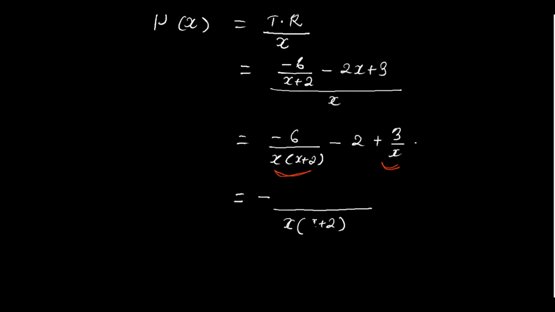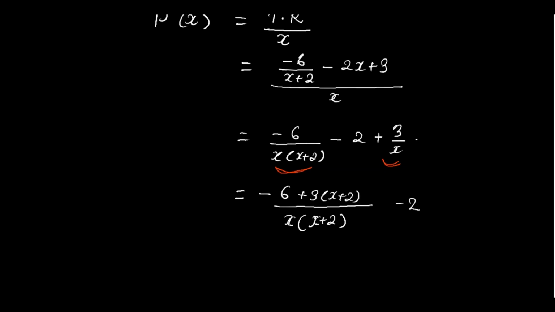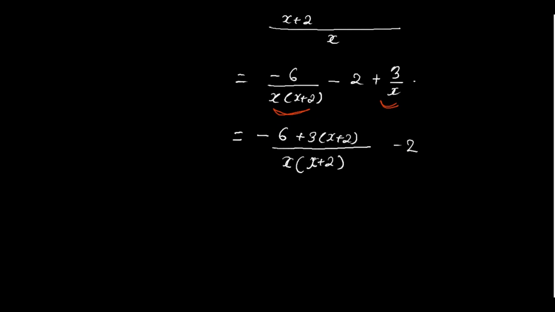So this is minus 6 plus 3 (x plus 2) minus 2, which is equal to minus 6 plus 3x plus 6 by (x plus 2). Then (x plus 2) minus 2.